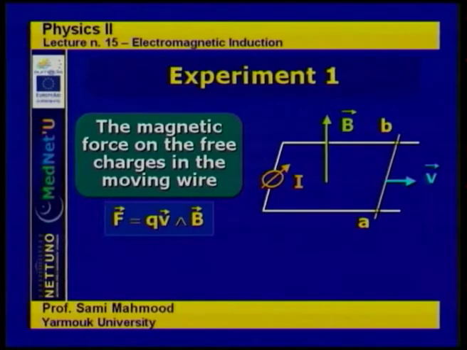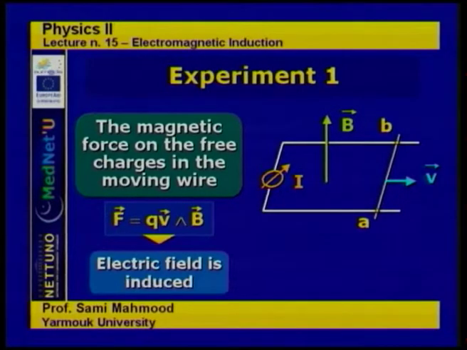The force on a moving charge is equal to QV cross B, where V is the velocity of that charge. Since the moving wire or rod AB carries free charges, it's a conductor, so it experiences a force. This force, QV cross B, is in the direction of V cross B, which is in the direction from B to A.